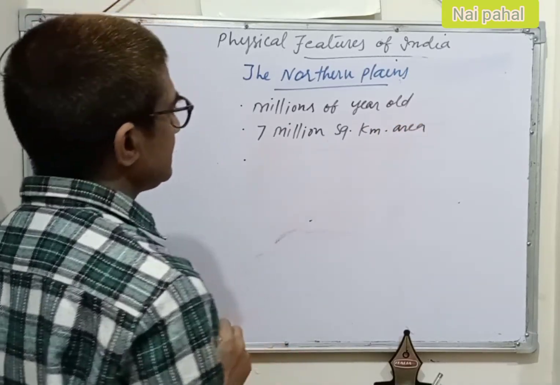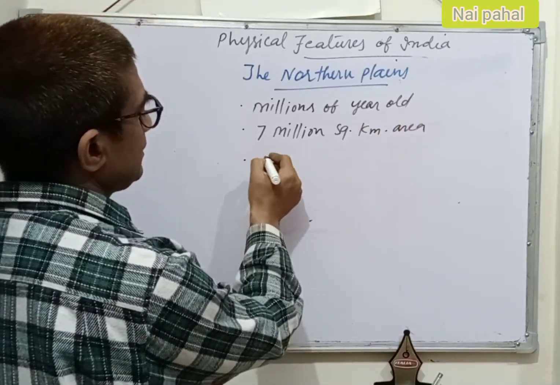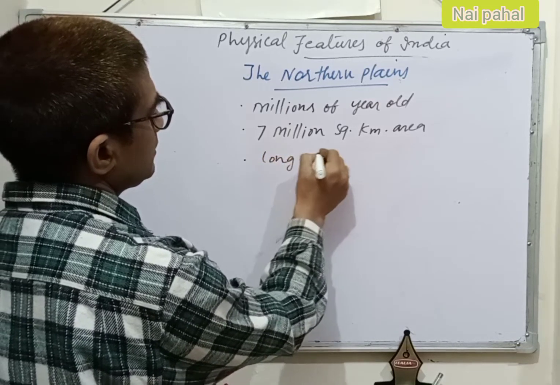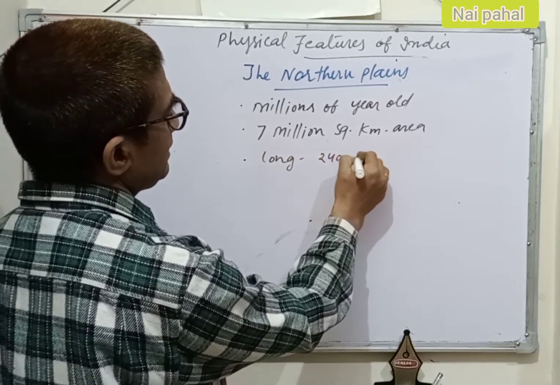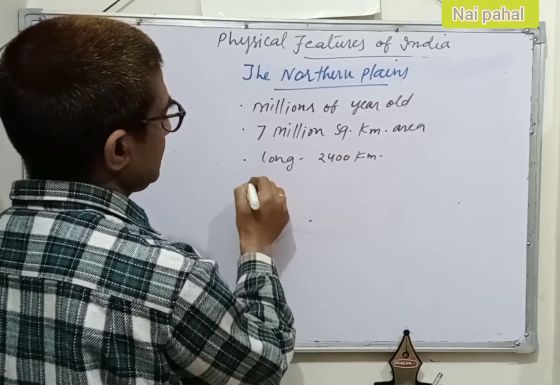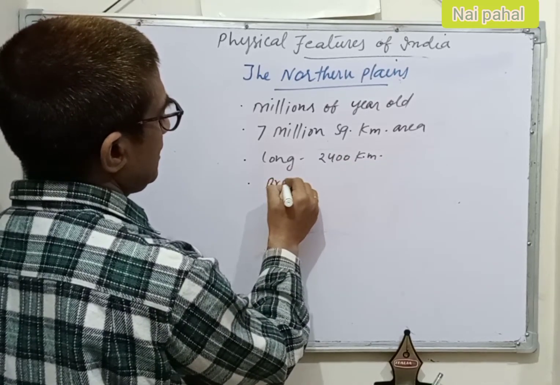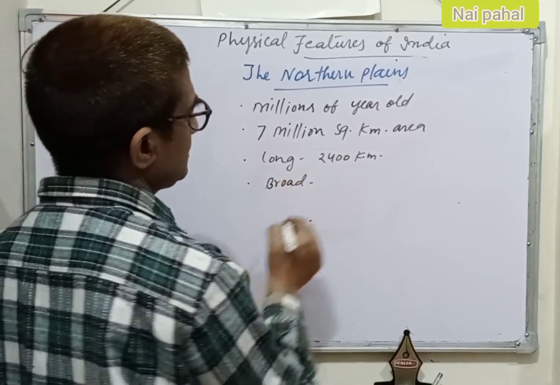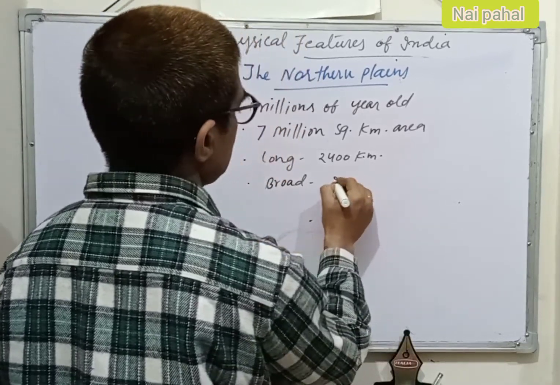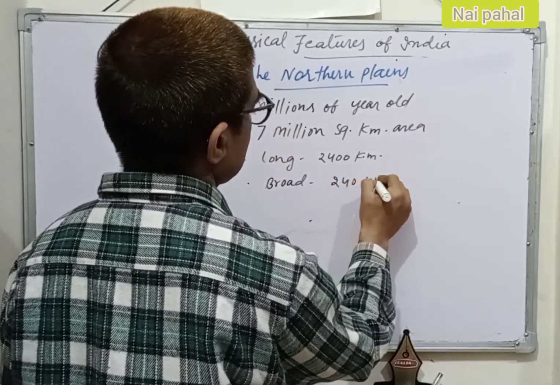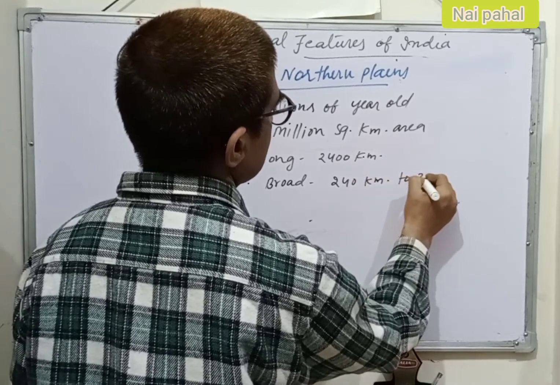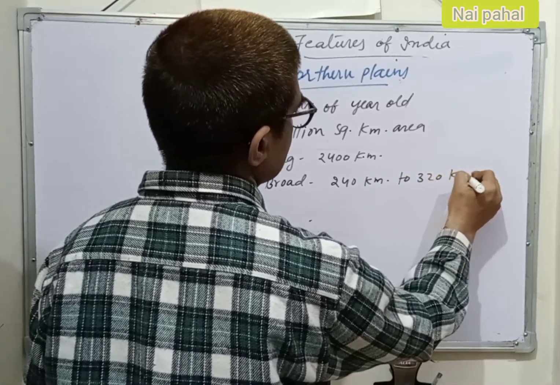Next, the Northern Plains is nearly 2400 kilometer long. Next, the broadness of this Northern Plains is 240 kilometer to 320 kilometer.